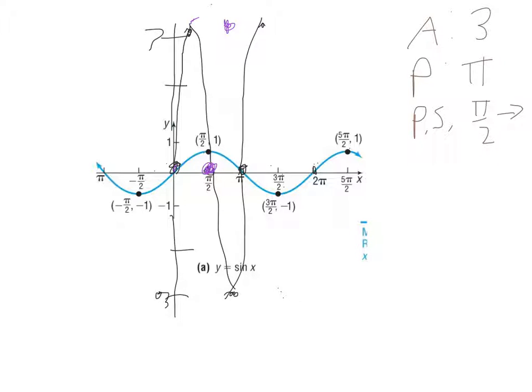This point that's at 3 pi over 4 is now at 5 pi over 4. This point that's at pi is now at 3 pi over 2, and this point that's at 3 pi over 2 is now at 2 pi.